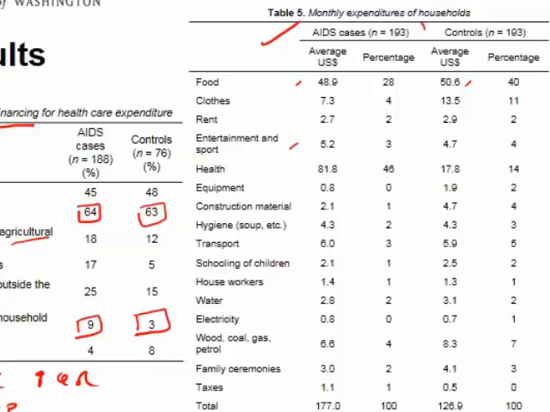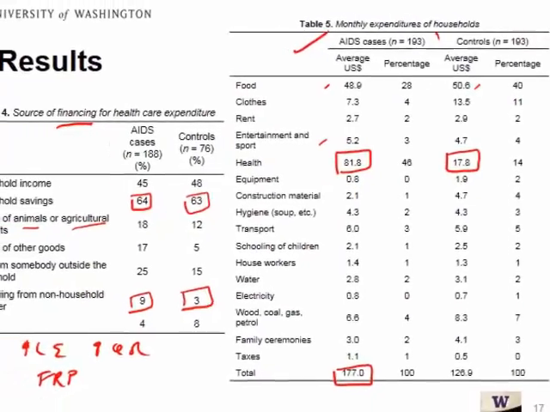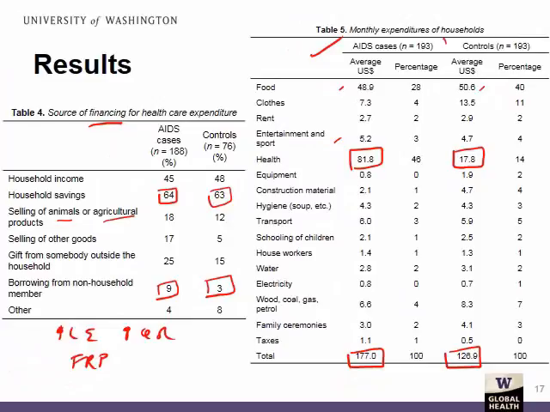But the difference is that for the AIDS patients, they were spending a large amount on health, but the controls were spending not as much on health. And of course, the total expenditure was higher for those who had AIDS. So these are the kinds of tables that people present in cost of illness studies to try and understand what's happening and to really pinpoint the impact of a disease on the economics or on the burden of disease, the economic burden of a disease.